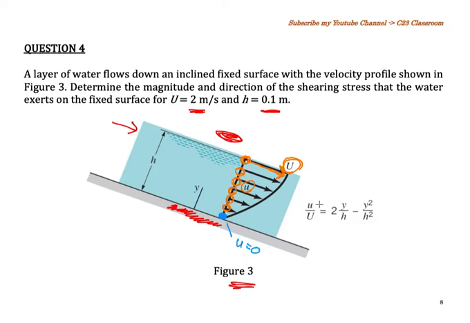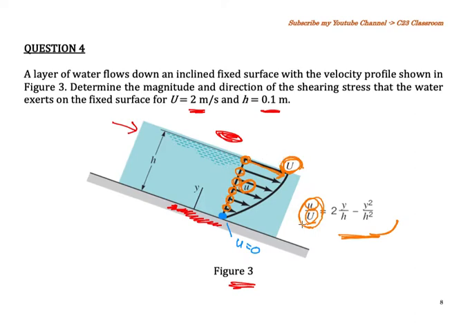Sometimes we will have an equation, or mathematical expression, for the velocity profile. In this case it is written as u over U equal to y over h minus y square over h square. This is actually a ratio: the small u is the velocity inside the velocity distribution, and the capital U is the maximum velocity in this problem.